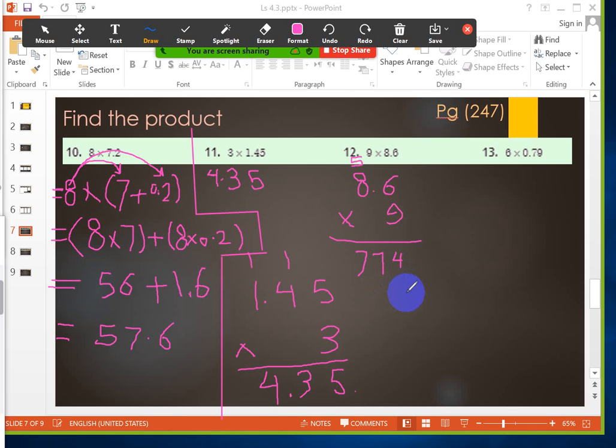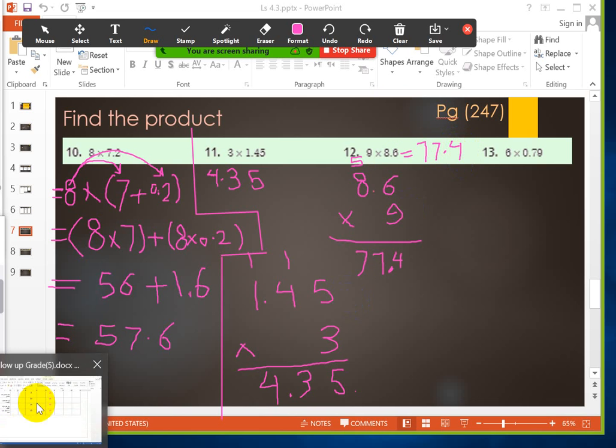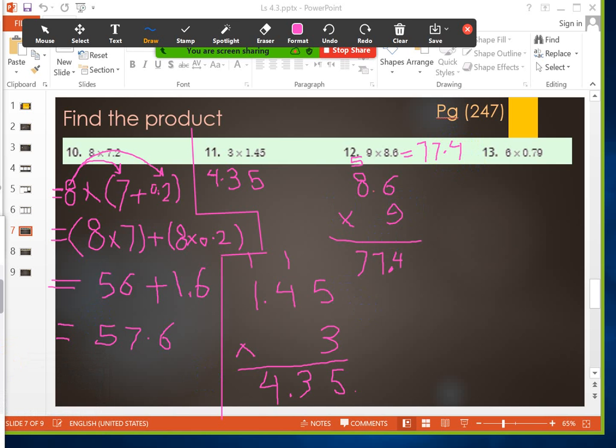Between 7 and 4, very good. So the number will be 77.4 tenths. You have to write the number with the decimal. Thank you so much, Fatima.